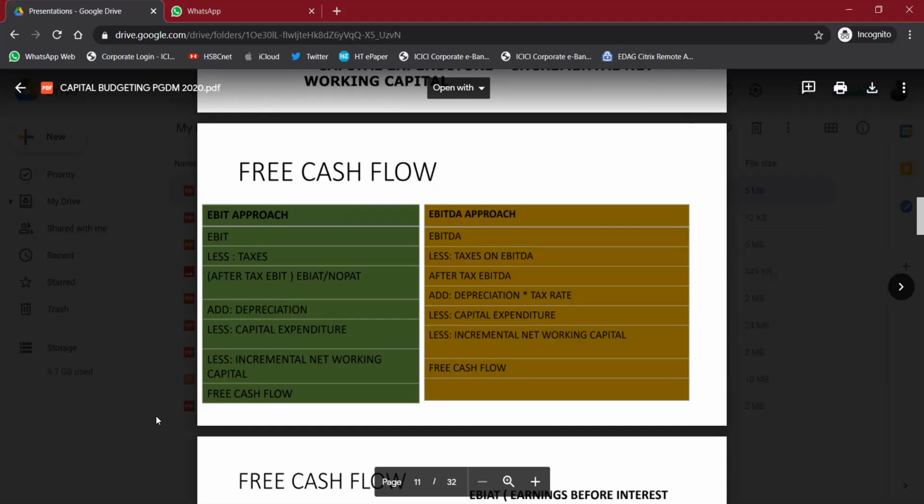EBITDA, basically your EBITDA, as Karthik mentioned, it is sales. You have some sales and then you have some operating expenses required for that sales. So when you subtract those, EBITDA is your earnings before interest, tax, depreciation and amortization. It is your cash flow right now. You're not considering your interest, tax or anything right now.